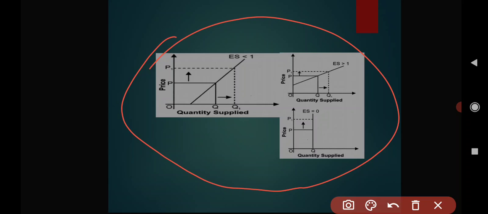Here it is showing the percentage change in quantity supplied is less than the percentage change in price, and here it is showing that there is a change in price but there is no change in supply. So this is how we are going to represent it diagrammatically also.